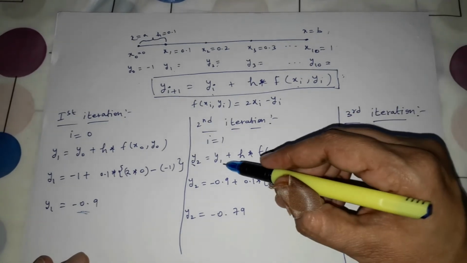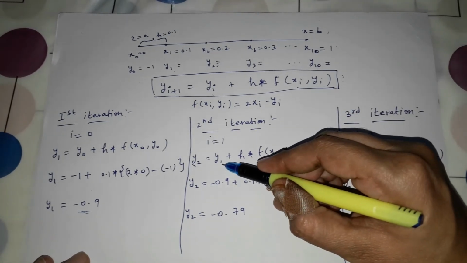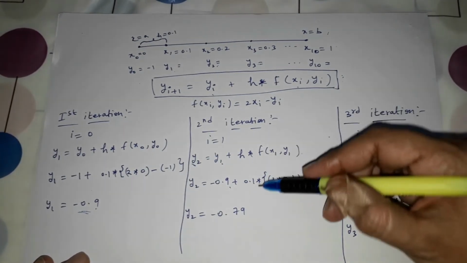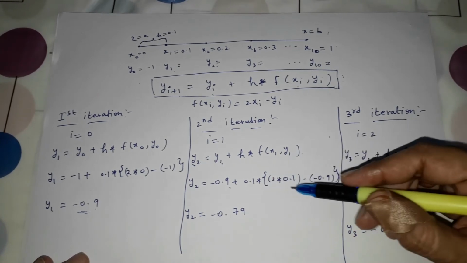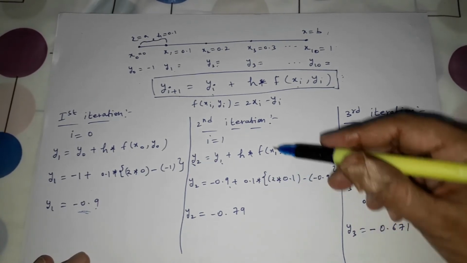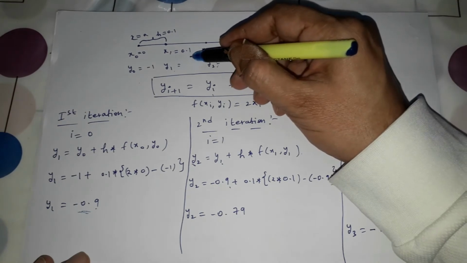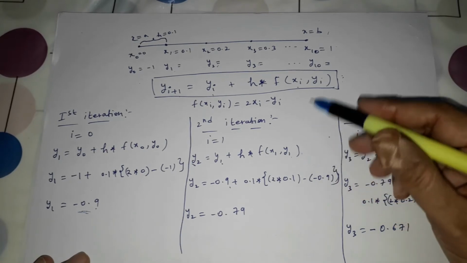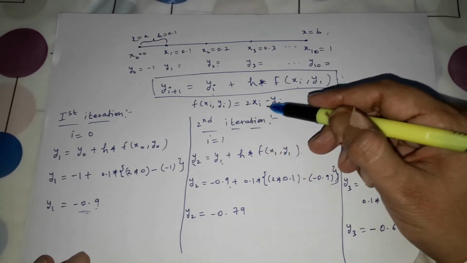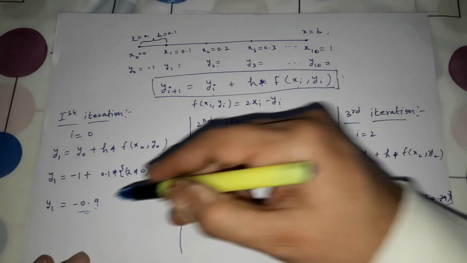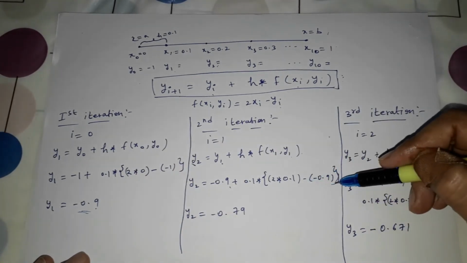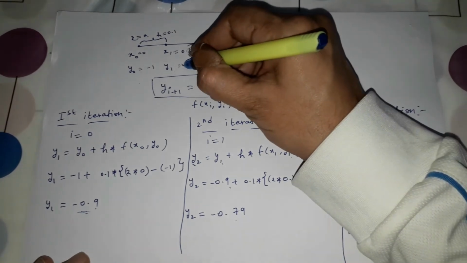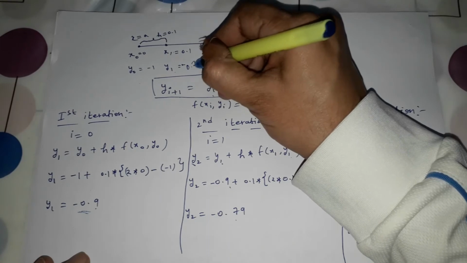Okay, so y1 is minus 0.9, so I substituted here, plus h is 0.1 times 2 times x1. x1 is 0.1, so we substitute 0.1, minus of y1. f of xi comma yi is 2xi minus yi. So y1 is minus 0.9, so minus of minus 0.9. If you calculate, you will get y2 as minus 0.79.